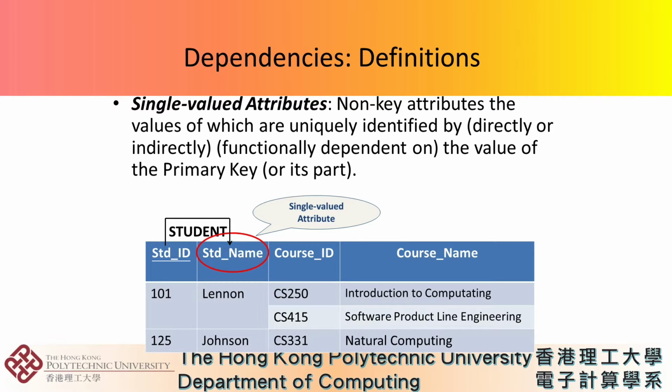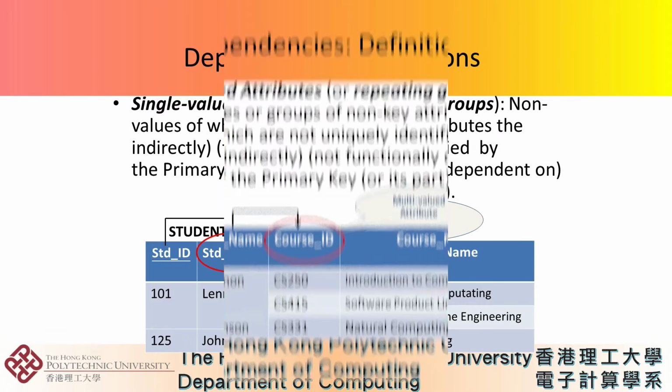You will see these terms in future classes frequently. Single-valued attributes mean non-key attributes the values of which are uniquely identified by the value of the primary key. In this example, student name is a single-valued attribute because each student has only one student ID.